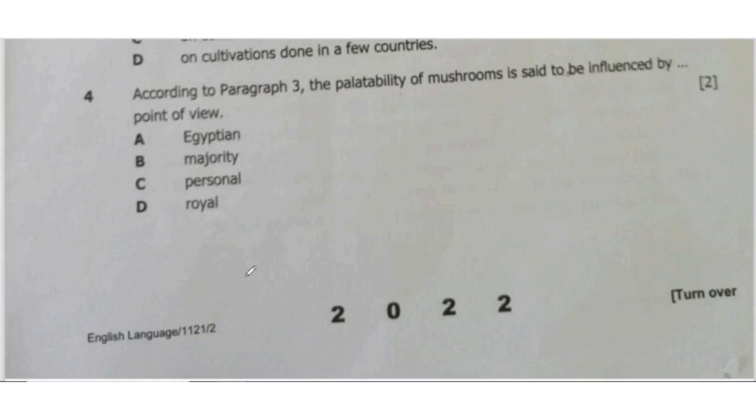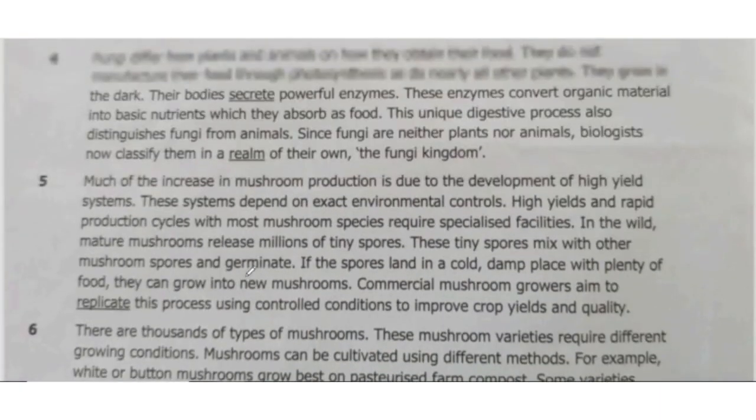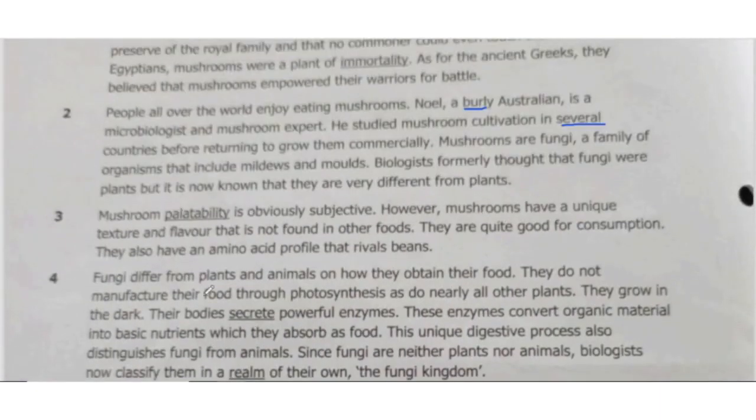According to paragraph 3, the palatability of mushrooms is said to be influenced by point of view. So we go to paragraph 3 and read through. Palatability of mushrooms. Mushroom palatability is obviously subjective.